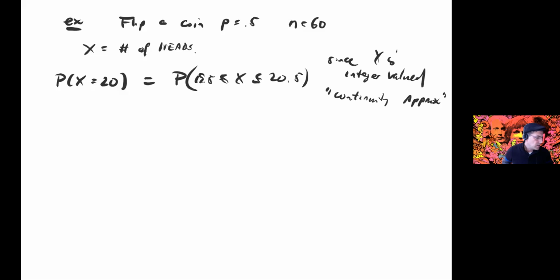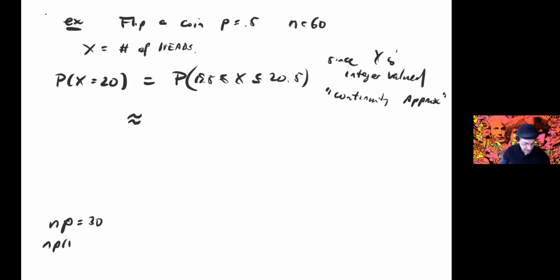Now the reason I'm doing this is that I'm going to use the result on the previous slide. For this, we need to know what np is. So n is 60, n times p is 30, and n times p times 1 minus p is 15 in our case.